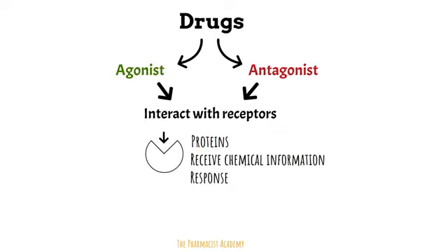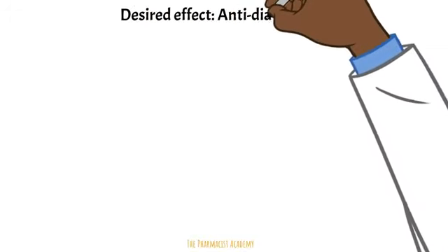Let's put everything together. Let's assume the desired effect we want is anti-diarrheal. This can be achieved with an agonist or antagonist. Remember, there are natural hormones, molecules, or substances in our bodies that are responsible for many things.